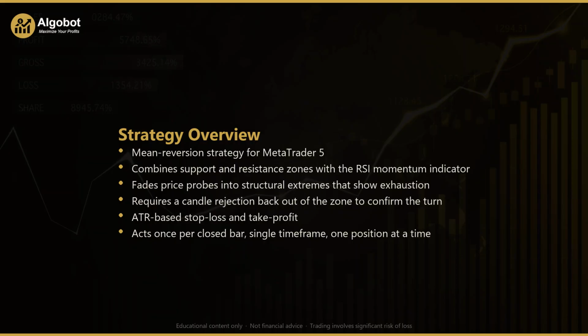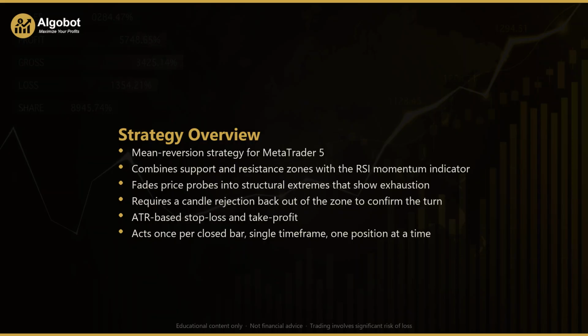Two ingredients drive every decision. The first is structure. The strategy looks back over a window of recent bars, set by the ZoneLookback parameter with a default of 20, and from that window, it builds a support floor at the lowest low and a resistance ceiling at the highest high. The second ingredient is momentum, measured by the RSI indicator, with a default period of 14.